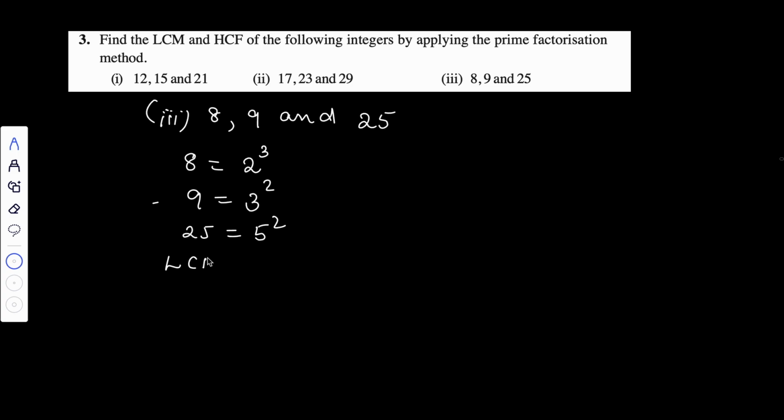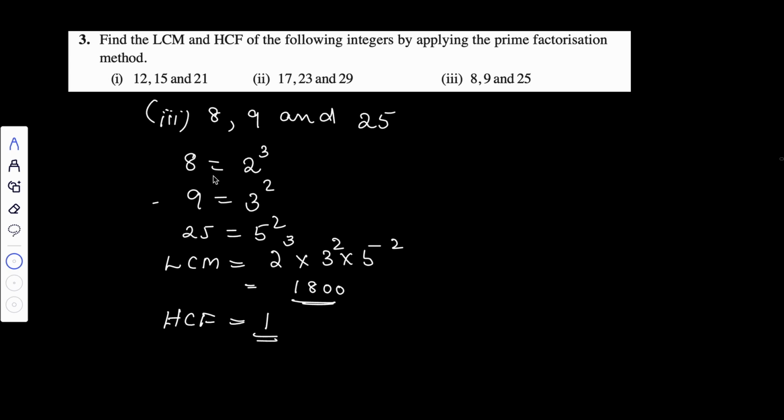Now LCM is, writing all the factors, 2 into 3 into 5 and all the highest factors, 3 here, 2 and 5 square, highest powers we wrote. So simplifying everything, we are getting here 1800. Now what is the HCF of this? HCF, we don't have anything common here, but 1 is the factor of everything, so HCF is 1.